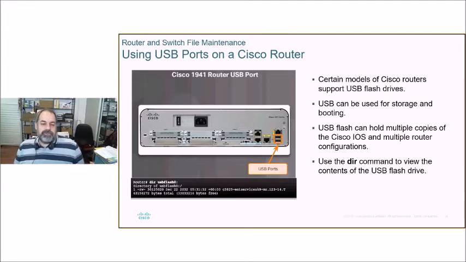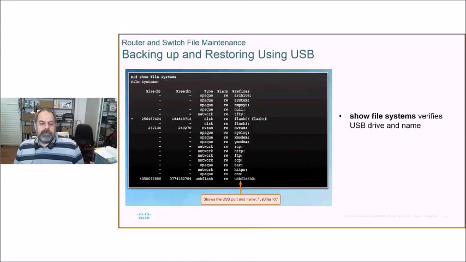You might want to do the show file systems first to make sure it's usbflash0, which is, of course, what they're showing now. And so that's its capacity, that's how much is on it, and of course that gives you the name you need to use to get to it.